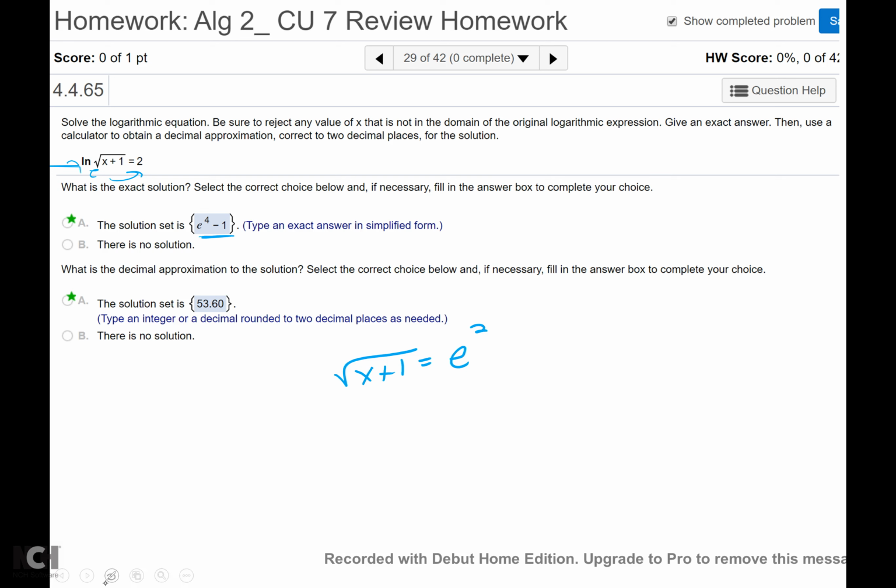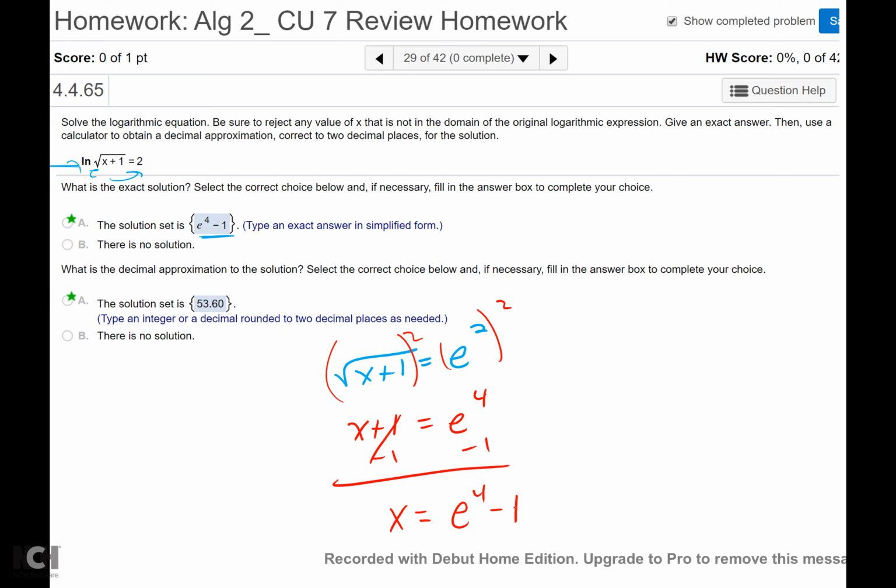So I'm trying to get x alone. I'm going to square both sides. That gives me x plus 1 equals e to the fourth. So now to get x alone, I'm going to minus 1, and I get x equals e to the fourth minus 1. And that's that first part.